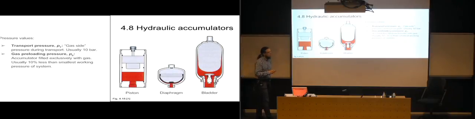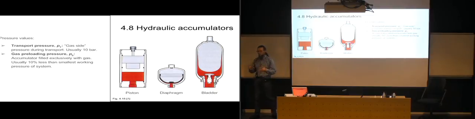And then, as it has been installed into the system, we preload it even more. So we start filling it with even more gas when it's placed inside the system. And then it's filled exclusively with gas, usually around 10% less than the smallest working pressure of the system.